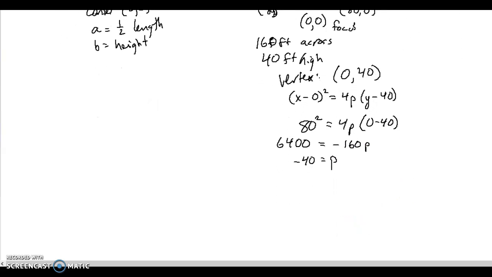Well, that tells me the archway has an equation x squared is equal to 4 times P, which is negative 160, times y minus 40.